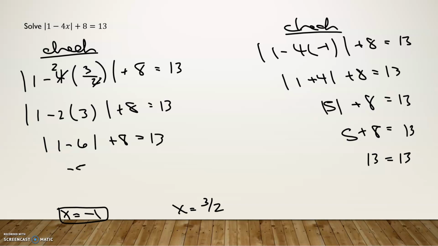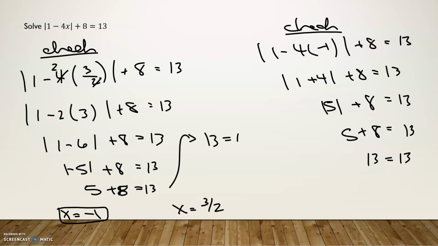That will be a -5, plus 8 equals 13. Absolute value of -5 is 5, plus 8 is 13. So 13 equals 13, and x equals 3 over 2 is another one of our answers.